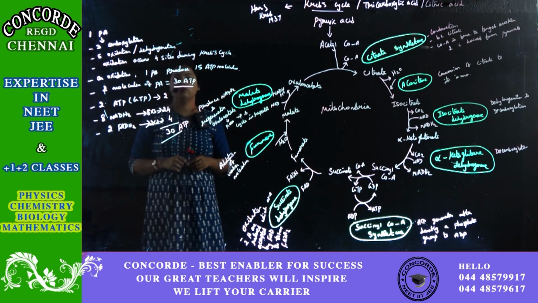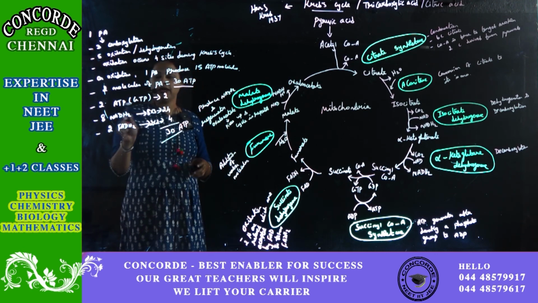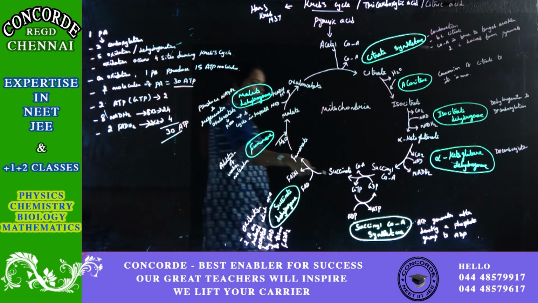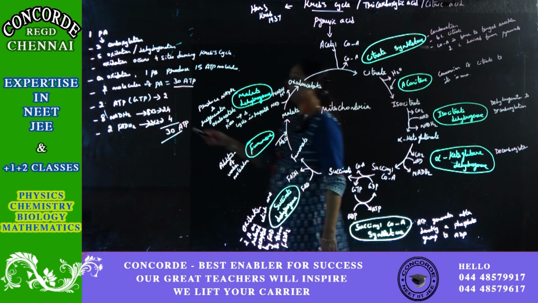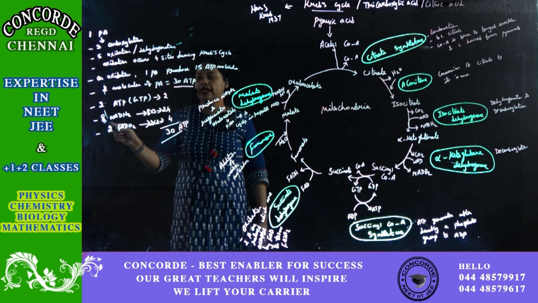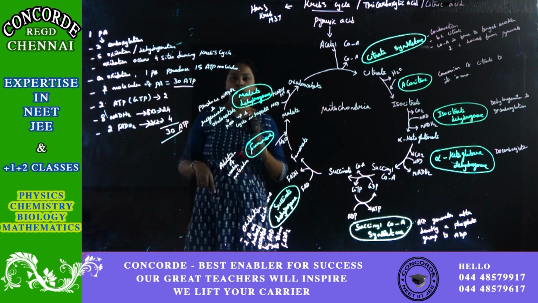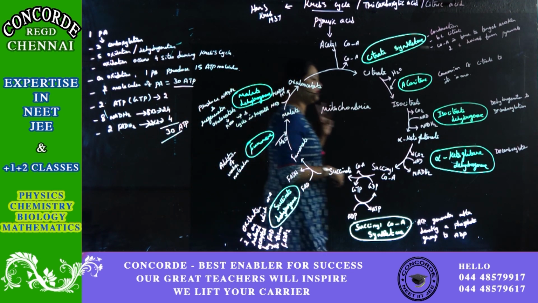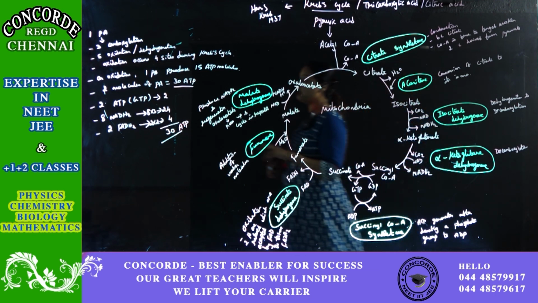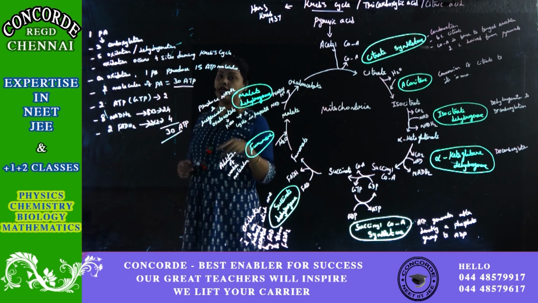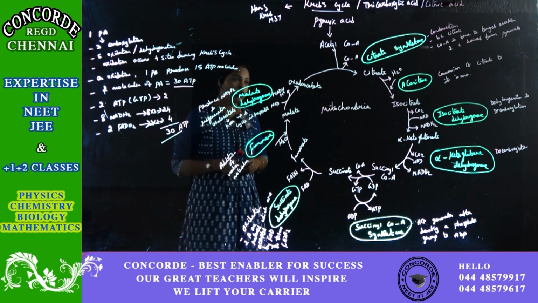Based on that oxidation, it will produce 2 ATP, which is GTP. This GTP is no different from ATP. So 2 GTP, 8 NADH2 and 2 FADH2 will be produced. 1 NADH2 is equal to 3 ATP, 1 FADH2 is equal to 2 ATP. So overall 2 pyruvic acid will produce 30 ATP molecules.